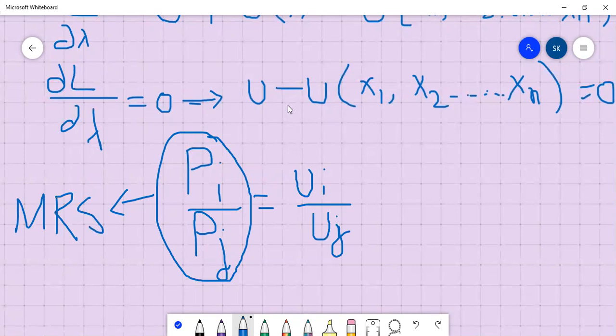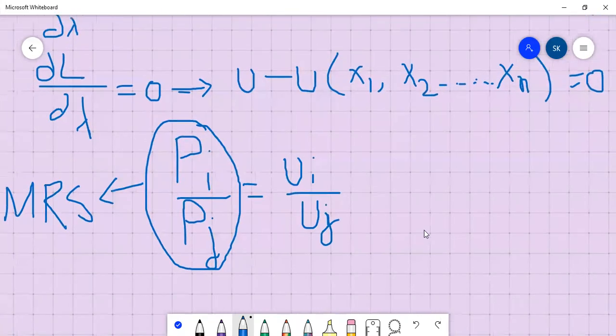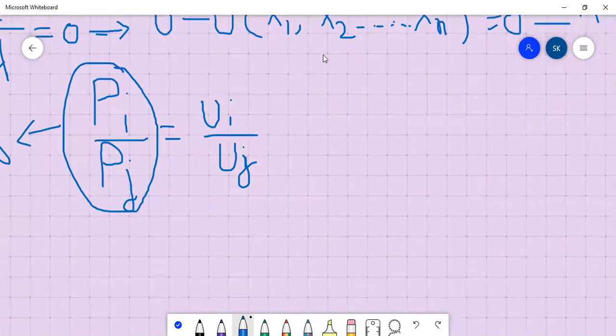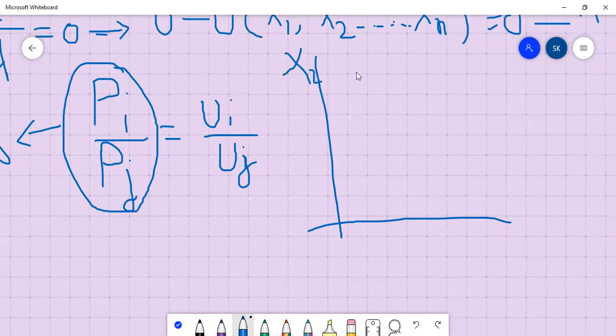Now let's move ahead. We will study this derivation through a simple diagram. We have again a diagram where we have two curves. On the vertical axis we will take x2, on the horizontal axis we will take x1. One of them is i, the other one is j. Now we have three different budget lines.